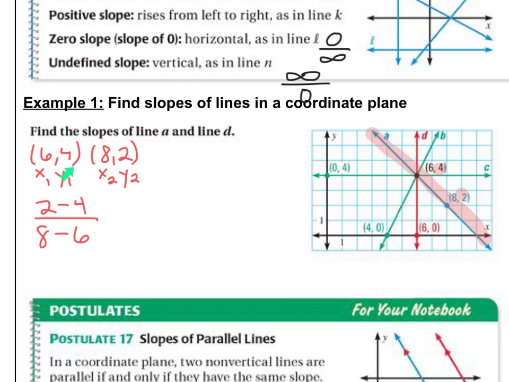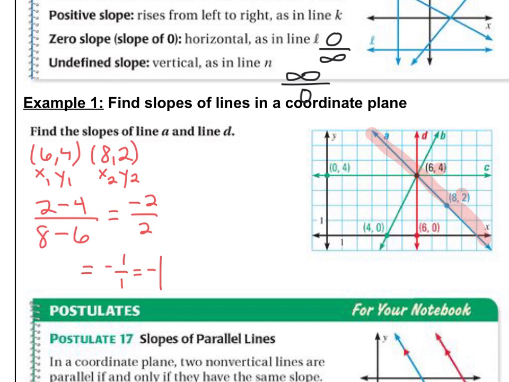We have to have them coming from the same point in order to get the proper slope. So this will give us negative 2 over positive 2, resulting in a final answer of negative 1 over 1, or just a negative 1. Okay, so that means every time we go down 1, we're going to go to the right 1. So that was line A.